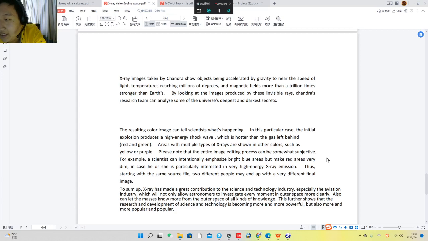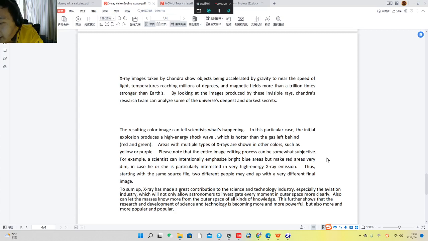By looking at the images produced by these invisible rays, Chandra's research team can analyze some of the universe's deepest and darkest secrets. The resulting color image can tell scientists what's happening.